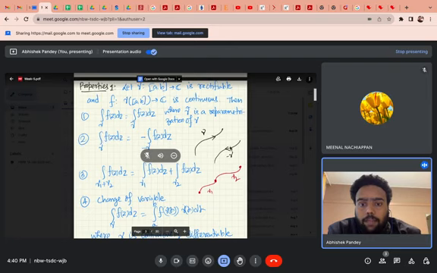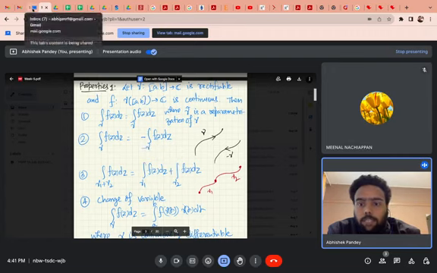If you take the reverse path, the sign of this integral changes. If you take the addition of these two paths, gamma 1 and gamma 2, the integral separates: the integral over gamma 1 plus gamma 2 of f is the integral of f over gamma 1 plus the integral of f over gamma 2.